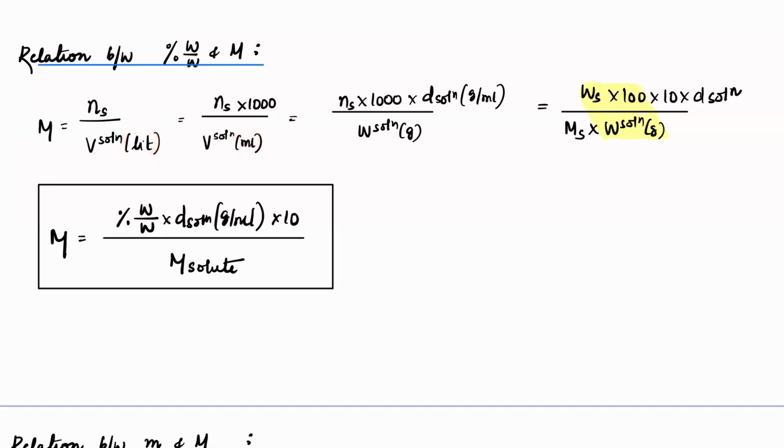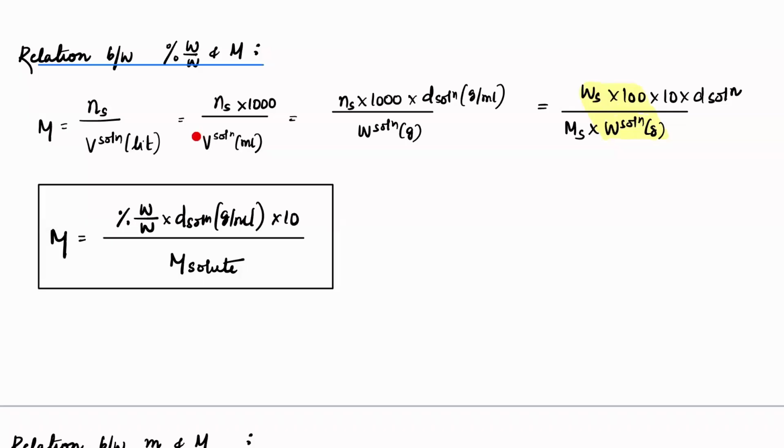Imagine if this denominator was 5 liters, I could also write the term as 5000 ml divided by 1000. So my molarity value is not changing, just the representation is changing. When I write the same volume of solution in ml, I have to divide it by 1000, so that 1000 will come into the numerator.